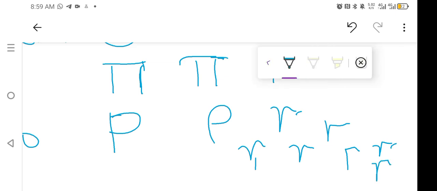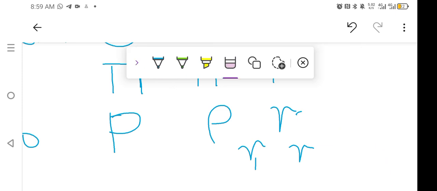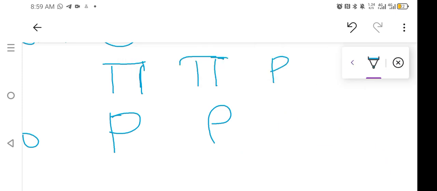So I don't know how you write your R, but the rho is equivalent to the English letter R.